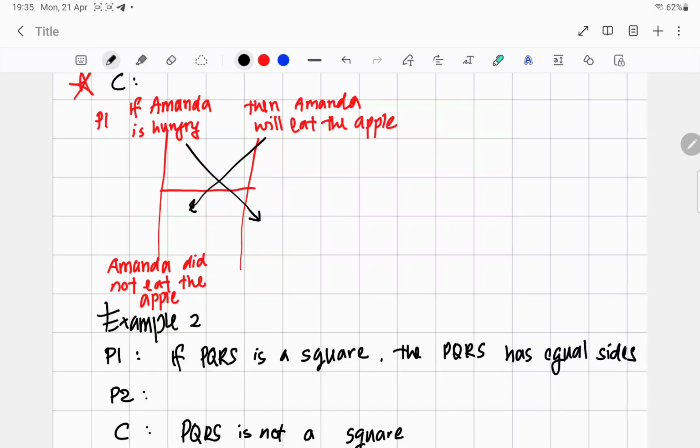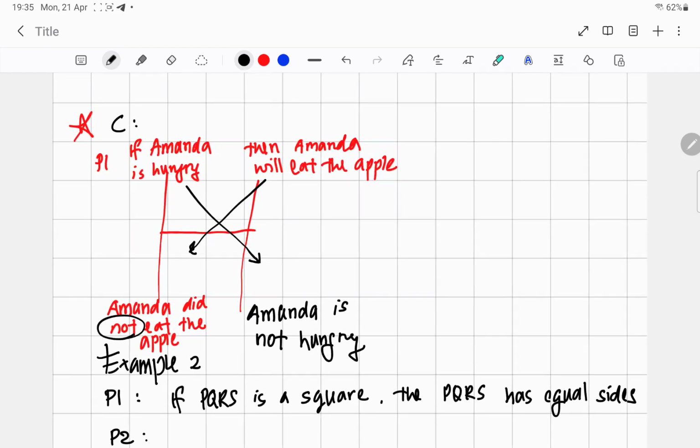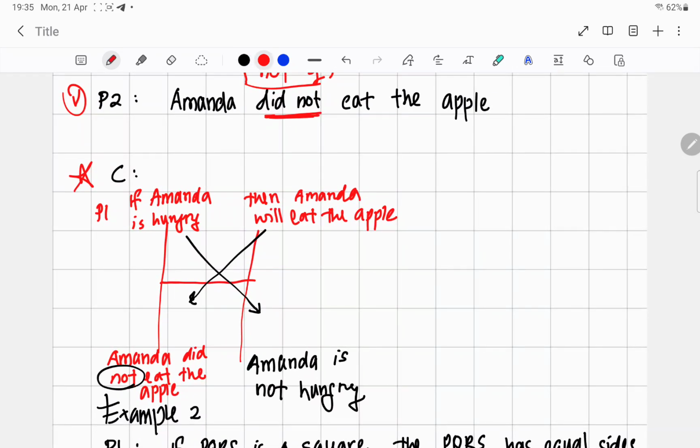So you need to cross. So your conclusion will be Amanda is not hungry, because this is not, so this side will also be not hungry. So what is your answer? Your answer is Amanda is not hungry.